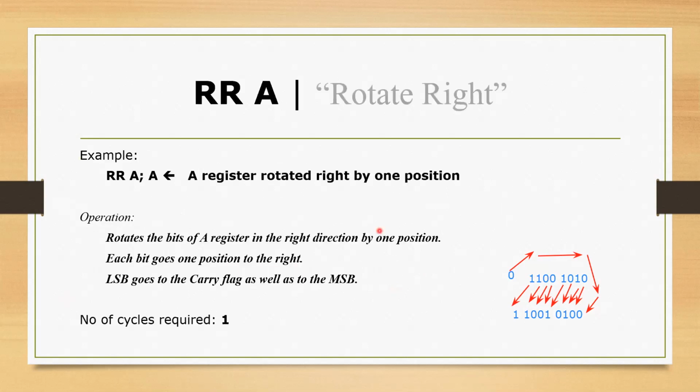So next is rotate right, RR, that is rotate right for the accumulator register. So RRA, that is, the A register will get the value of the A register rotated right by 1 position. So here we show the rotate left. So here we have a carry flag, a carry bit. Let it be.